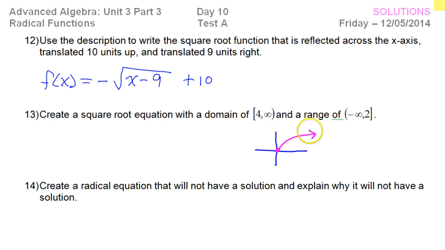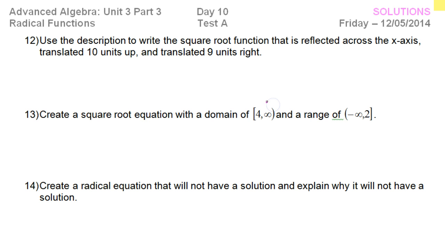So this would be the parent function. So if it's going to have a domain of 4 to infinity, that means it would have to be shifted over to the right by 4. Okay, so it'd have to be over to the right 4 so that the domain could become 4 to infinity.